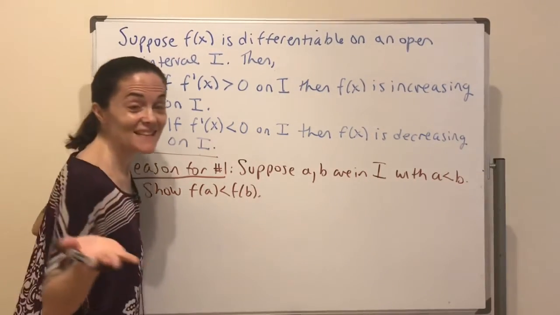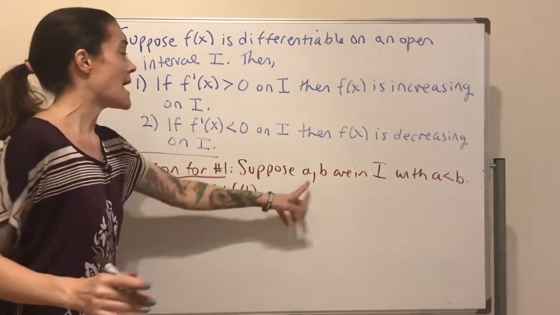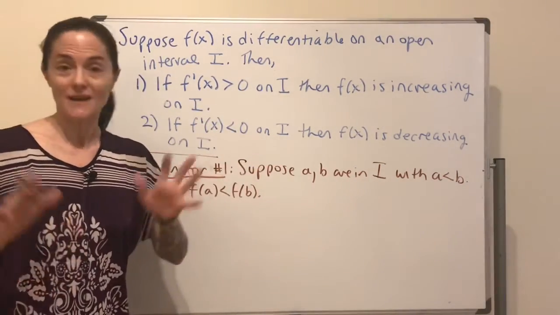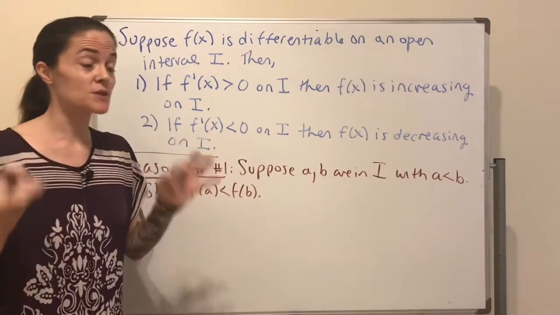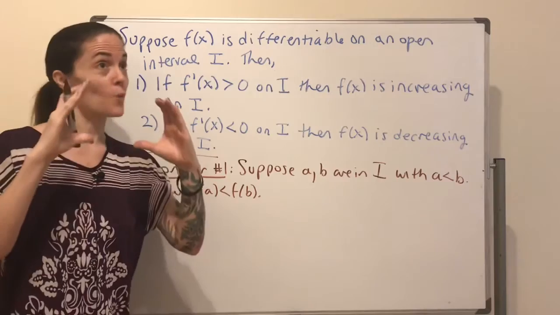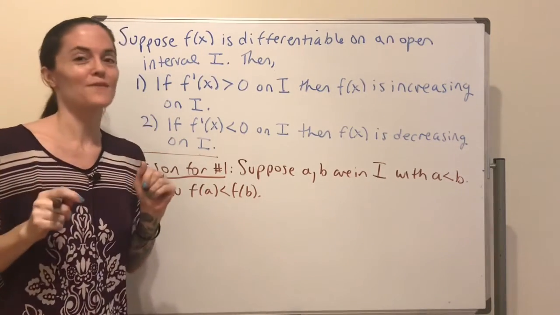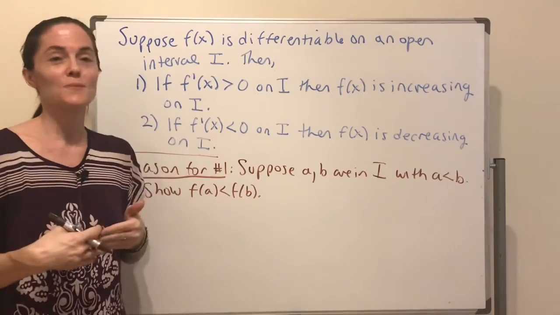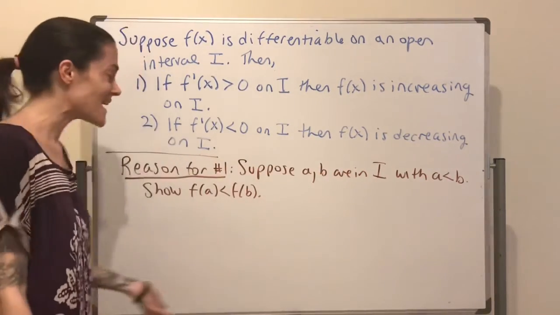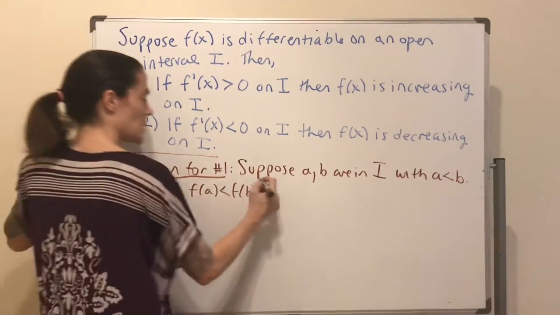How am I going to do this? Well, I already told you, mean value theorem. a and b are in I, and f is differentiable on I. So f is certainly differentiable on the open interval a to b and continuous on the closed interval a to b, because differentiability implies continuity, as we've discussed. So we can use the mean value theorem.